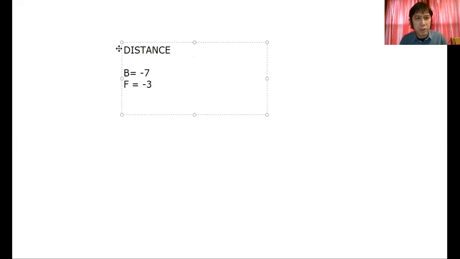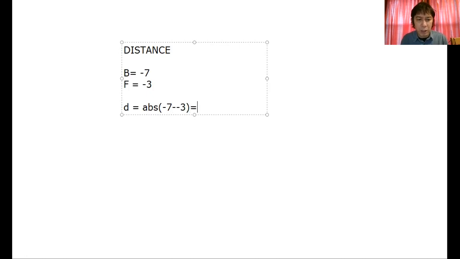So let's denote the distance D like this, and then we're supposed to get the difference, so absolute value of the difference. So we shall do B minus F, that's -7 minus -3 there.